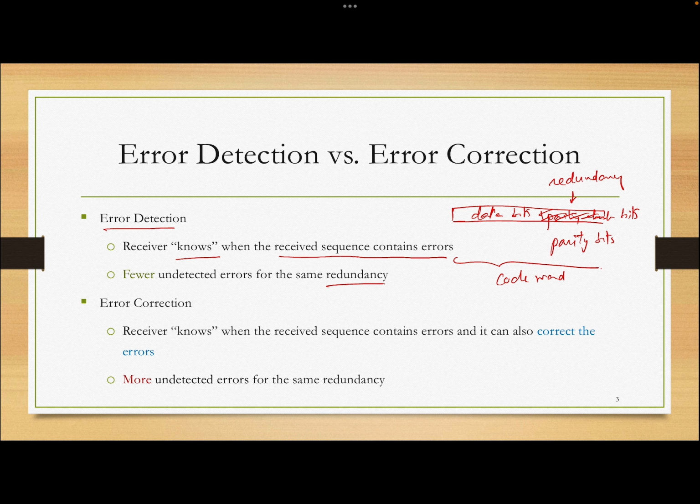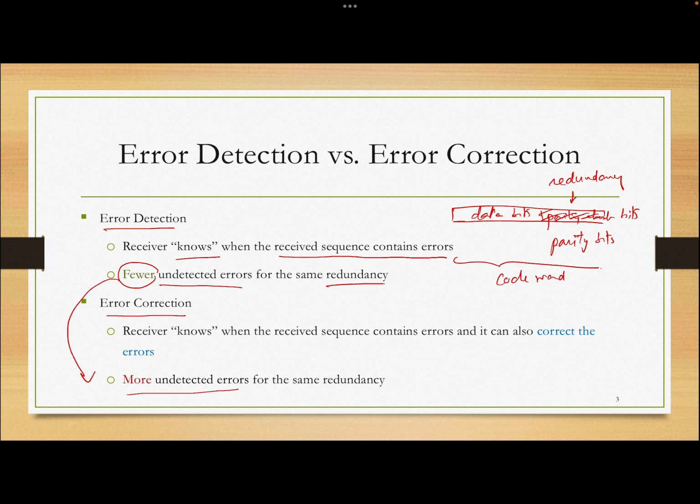We have fewer undetected errors, which is good, compared to error correction, which has more undetected errors. Why is error detection better than error correction in this sense?